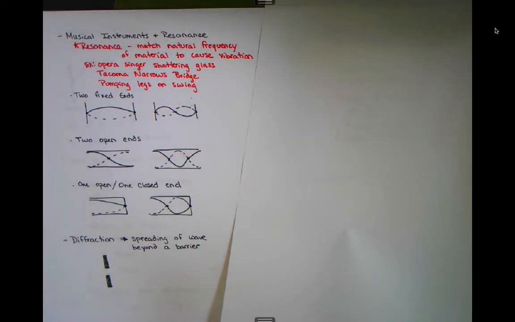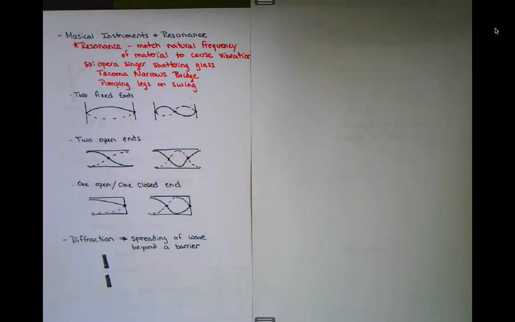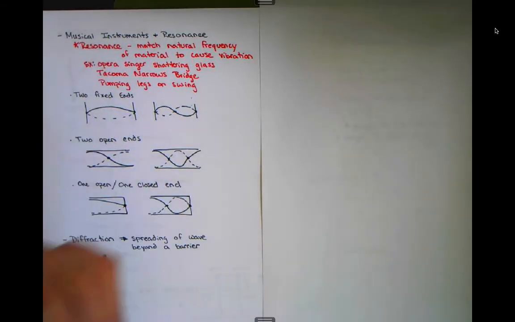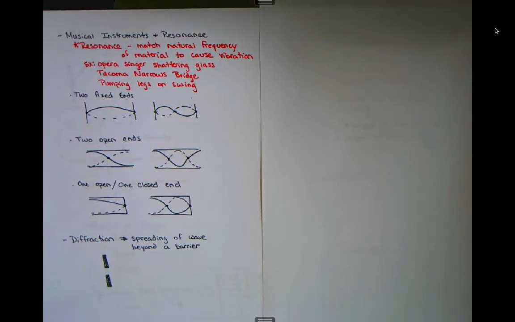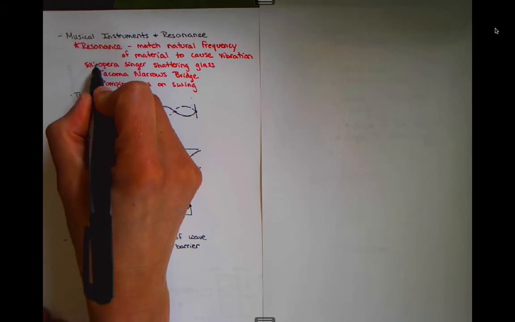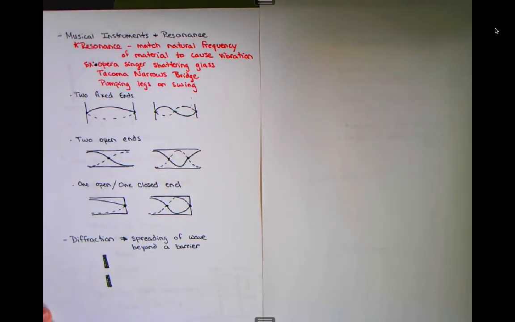Right. We quickly looked at musical instruments and creating resonance in musical instruments with standing waves. So this term resonance is when you match the natural frequency of a material and cause that material to vibrate. Right. So examples of this, an opera singer that shatters a glass or a mirror, right, singing a certain frequency note.